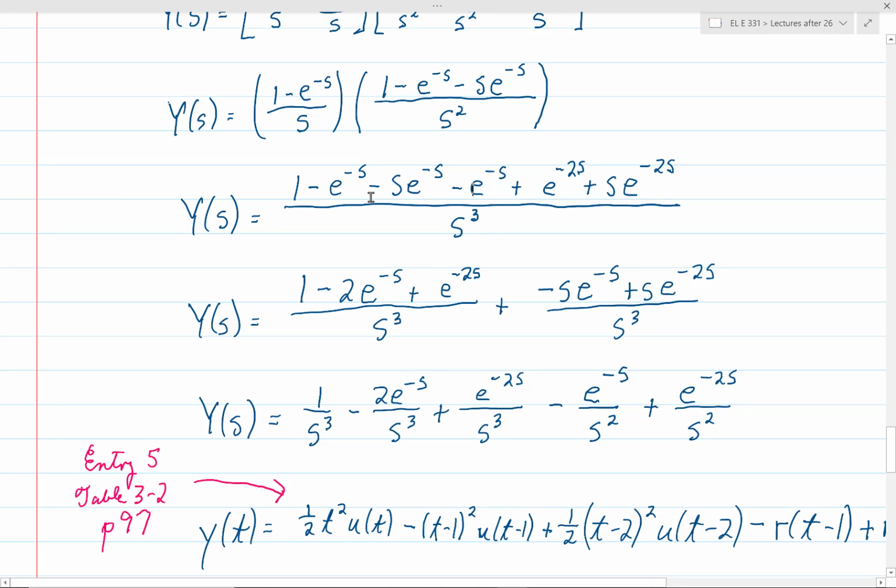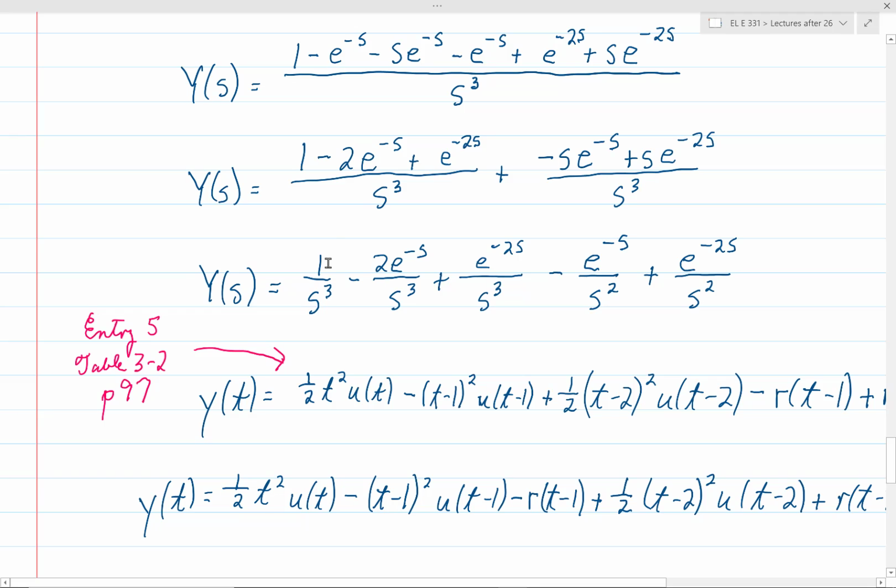So I'm going to separate the terms into the terms that don't have s as a coefficient and the terms that do. Now notice there's one other thing I can do here. I'll bring down the 1, but this minus e to the minus s and minus e to the minus s here become minus 2e to the minus s. And then I also have an e to the minus 2s there. And then this minus s e to the minus s is there, and s e to the minus 2s is there. And all of that is over s cubed.